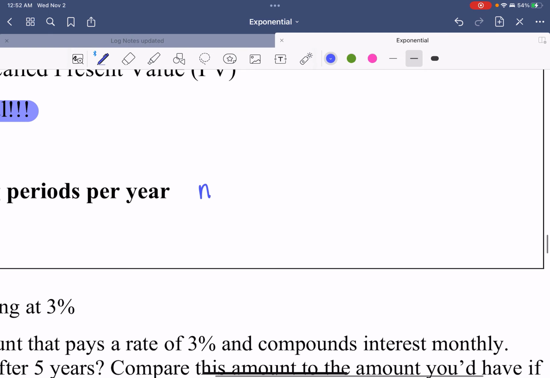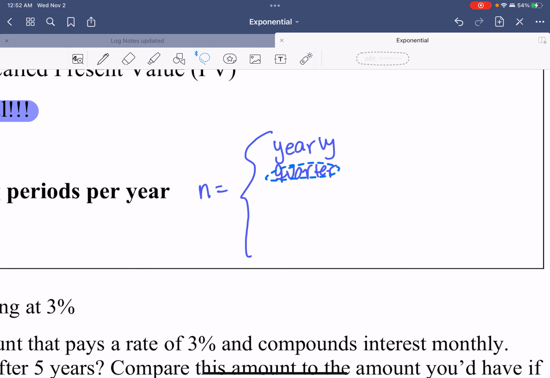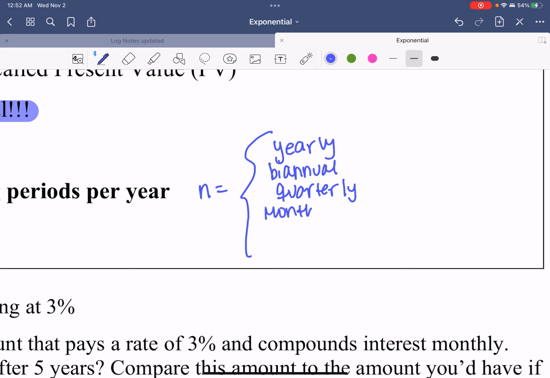So I'm going to put all of the different words, and these are all related to N. They can say yearly, biannual, quarterly, monthly, weekly, and daily. All this is referring to is how many times these things occur in every year.